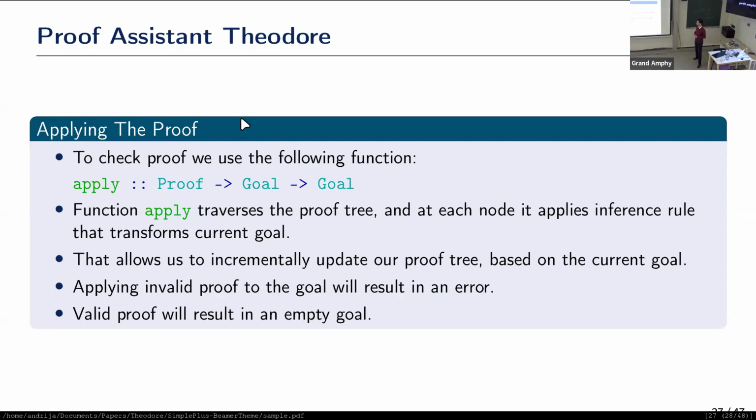And then we have the apply function. It uses a proof and a goal. According to this proof, it transforms the goal, getting a new goal. What apply does is traverse the proof tree and apply the current inference rules.